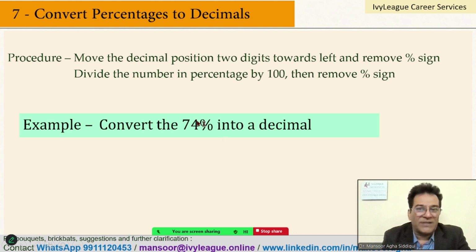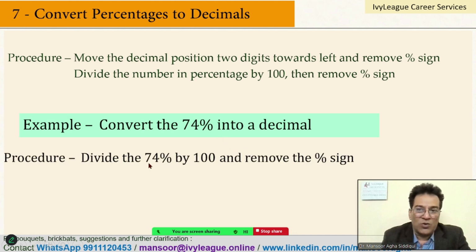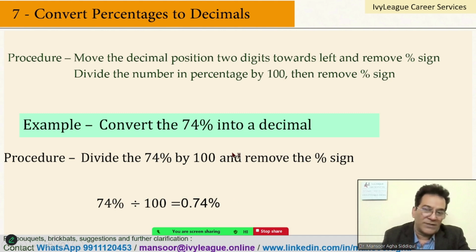And I will remove this percentage sign. Once I've removed the percentage sign, it becomes 0.74. The second method is divide the given number by 100. You end up getting 0.74. Now you remove the percentage sign and you end up getting the actual decimal value.